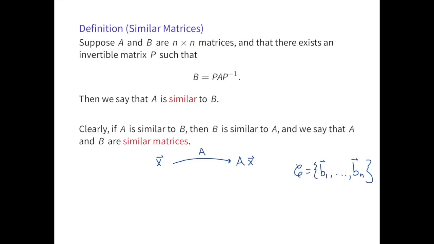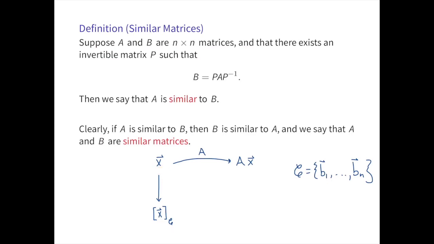One of the things we talked about in section 3.5 was that if you have a basis, that allows you to write every single vector in Rn in a unique way as a coordinate vector. And this is the notation we used. So using our basis, we can take the vector x and express it as a coordinate vector with respect to that basis.